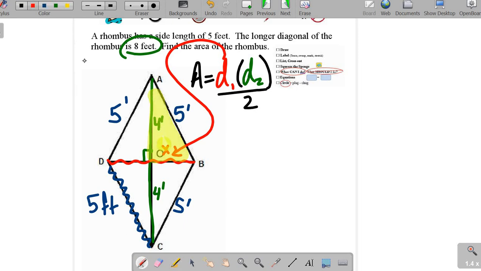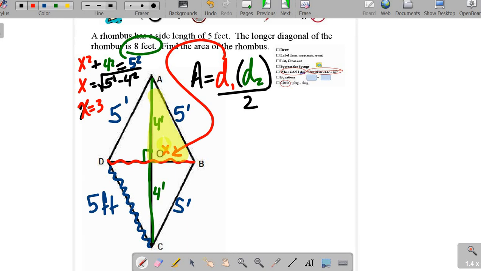Coming over here, that would be x squared plus 4 squared. Have 2 sides, need third side, Pythag, equals 5 squared. X is going to equal the square root of 5 squared minus 4 squared, which means x equals 3.